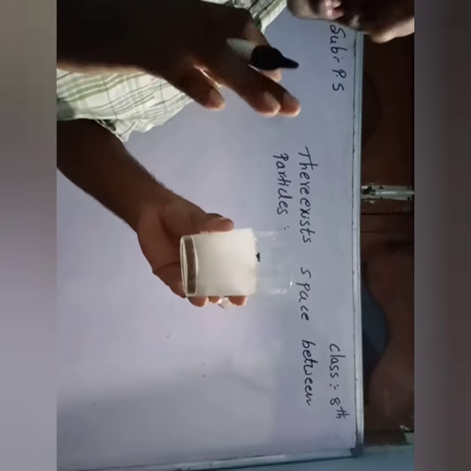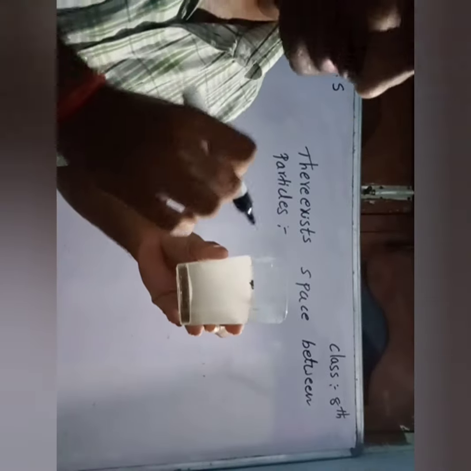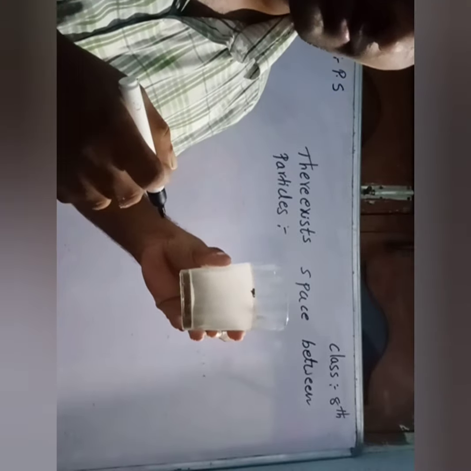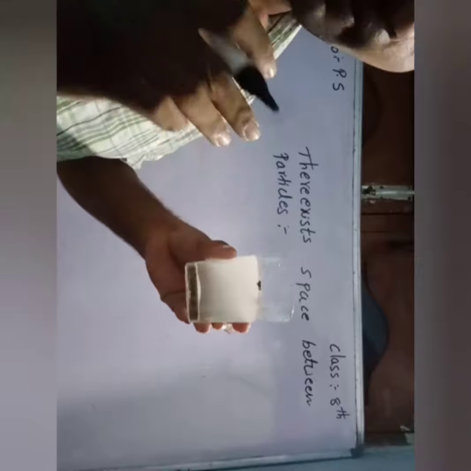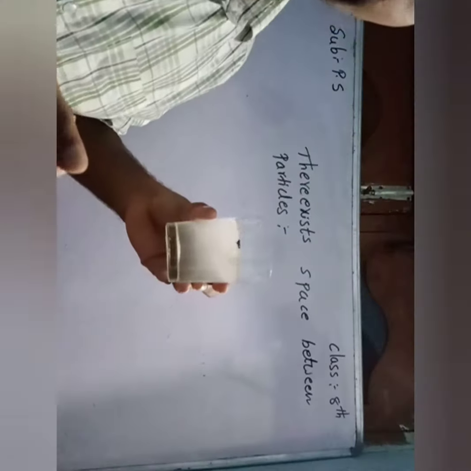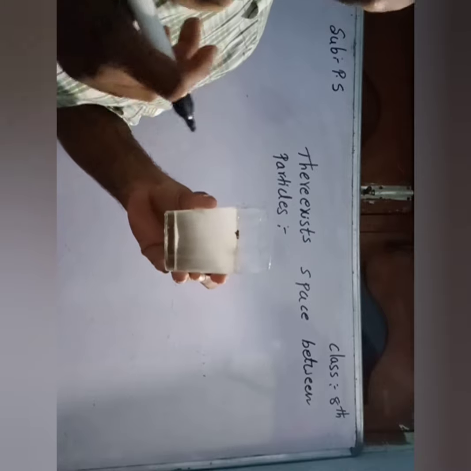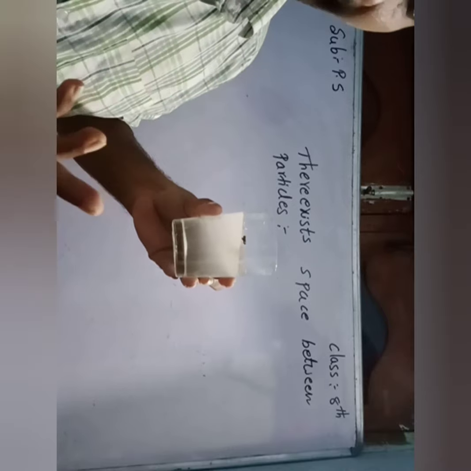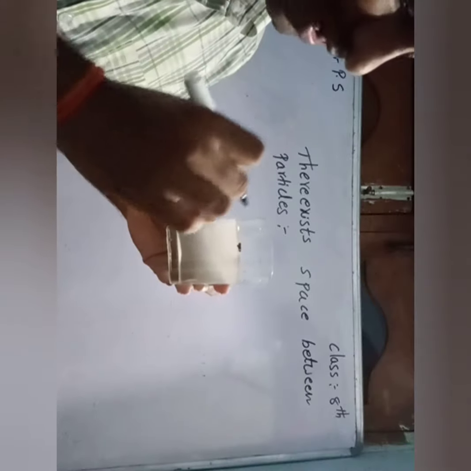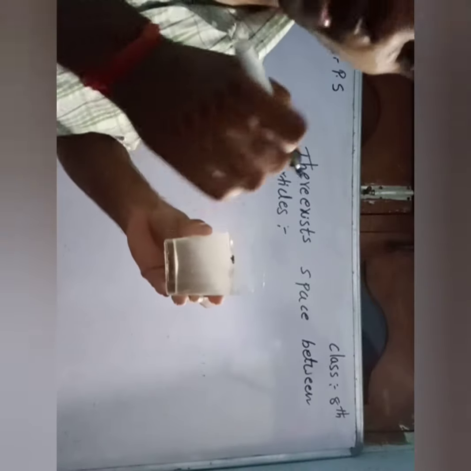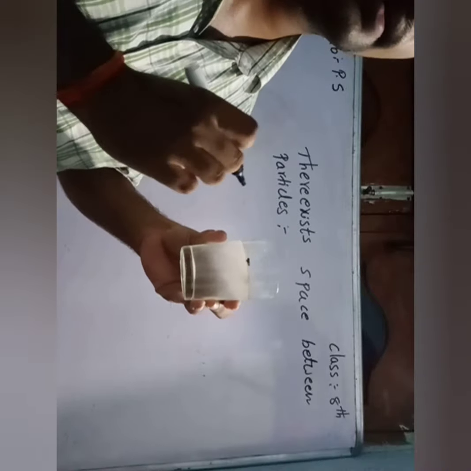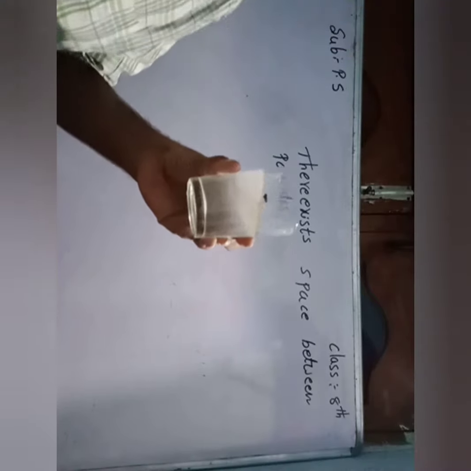So now what is the volume of the salt? Here I am adding salt, but this is actually the volume of the water or level of the water. Now what happened? The volume of the salt particles means the salt particles occupy the gaps between the water molecules. Clear?